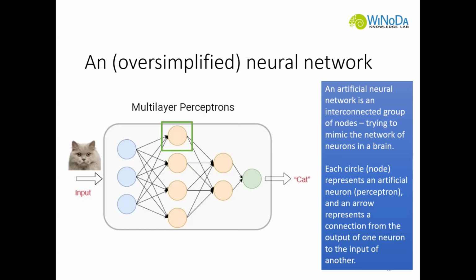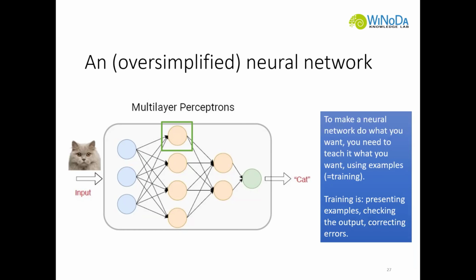There's much more to it and it is much more complicated, but super broken down, that's really how it is. One neuron does something, gives its output to the next neuron as an input, and then this neuron does something to it. And then at the end of the day, there's some result. Again, here from the perspective of image classification, it's a cat.